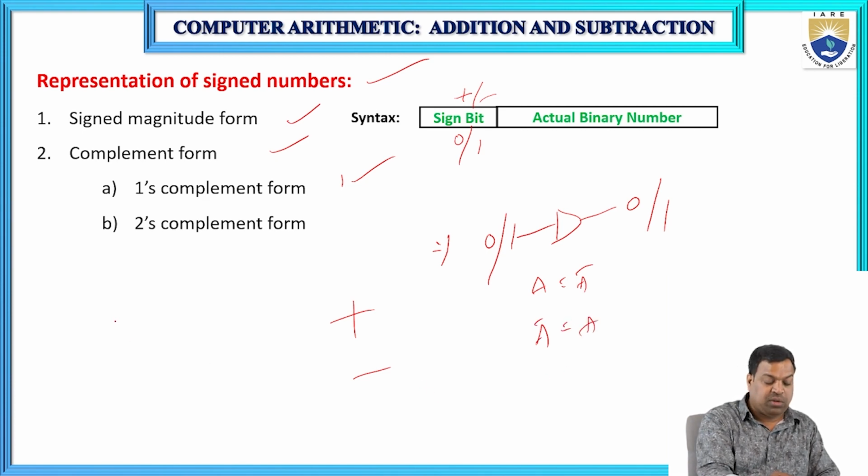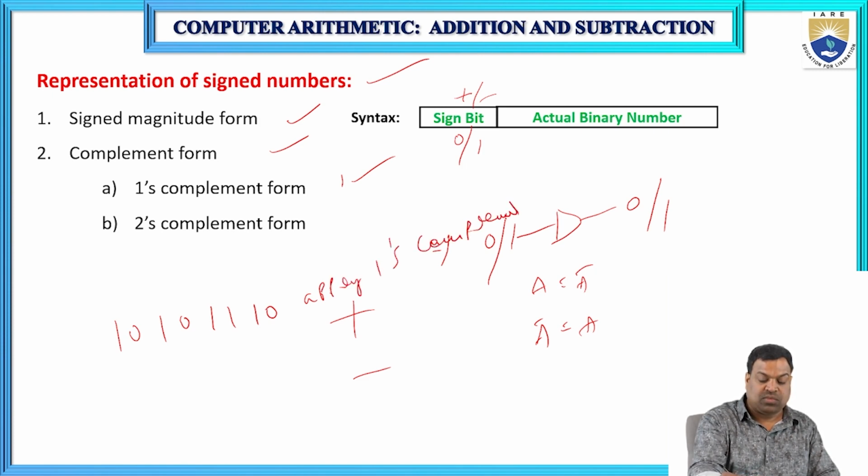Suppose I'm giving 1 0 1 0 1 1 1 0. Apply one's complement. How can we apply one's complement? In place of 1 I'm taking 0, so it becomes 0 1 0 1 0 0 0 1.